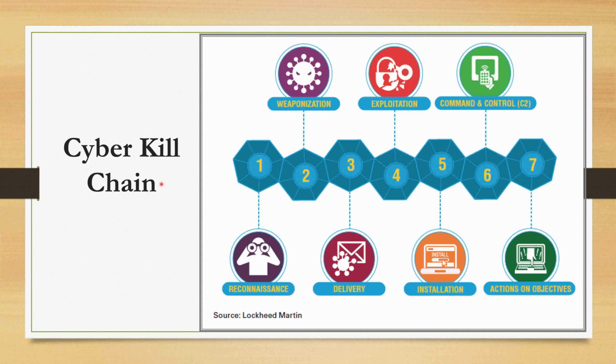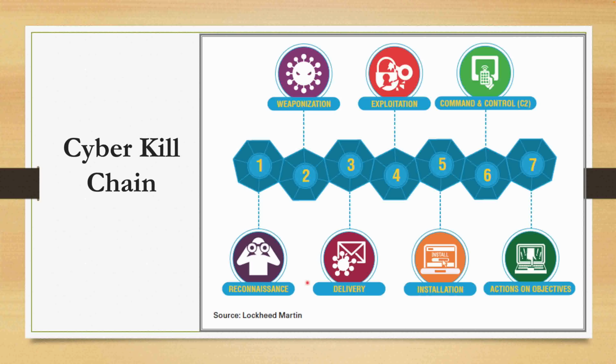The model is based on the idea that a cyber attack is a multi-stage process and that by understanding each one of those stages, you see it over here, defenders can identify and disrupt attacks before they cause significant damage. So the first one here we're looking at is reconnaissance.